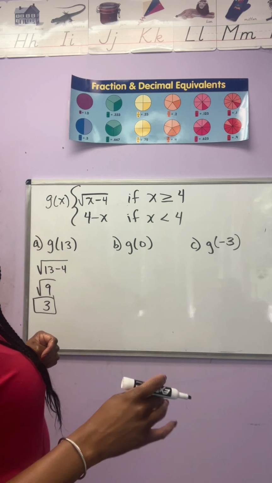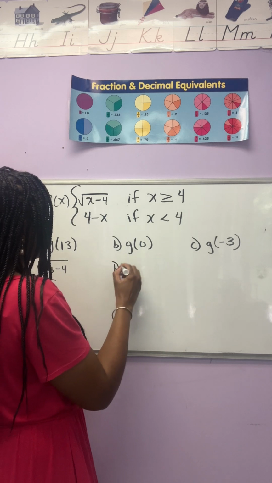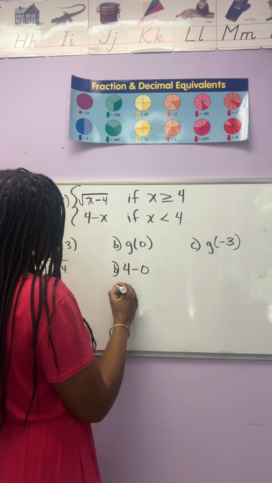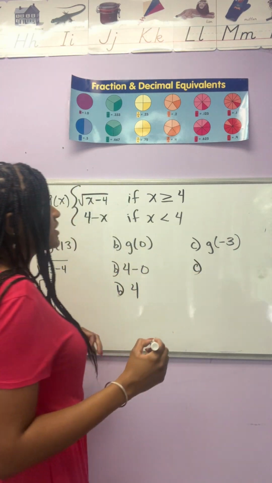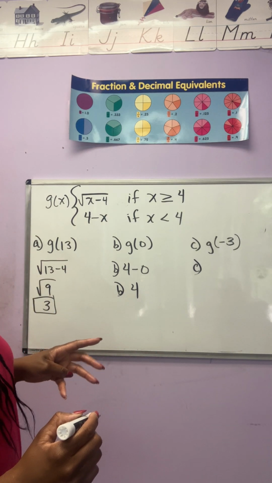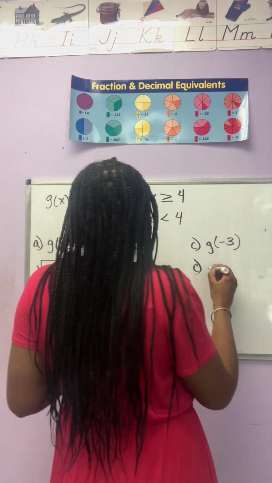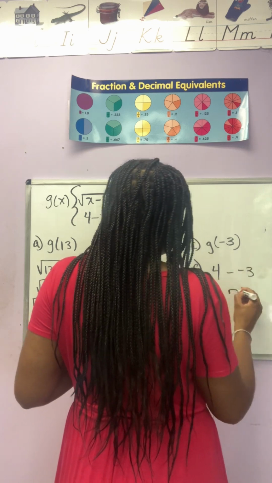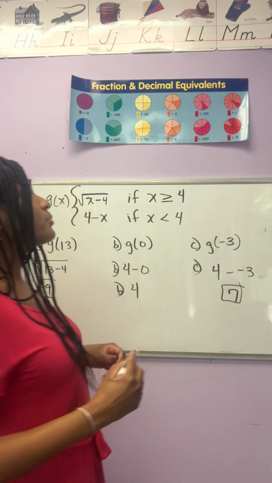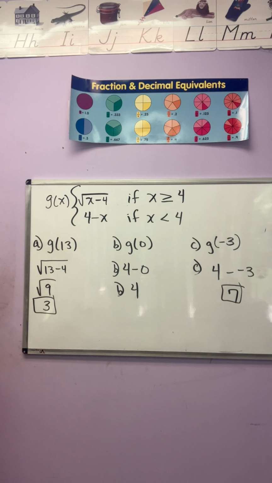Well, 0 is less than 4, so we're going to use that bottom one. 4 minus 0 is 4. And g of negative 3, that is also less than 4, so we'll use the bottom one, 4 minus negative 3, which is 7. If they gave us 4, we would have to use the top one, so it would be 4 minus 4 is 0, and then the square root is 0.